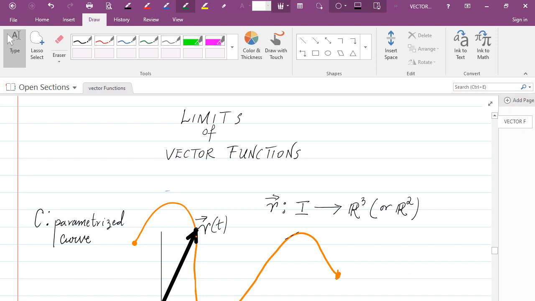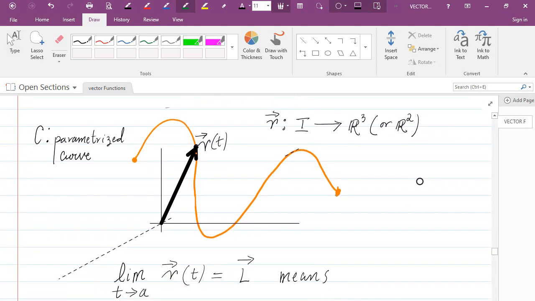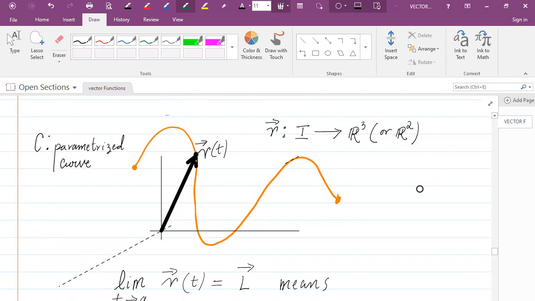Let's recall that a vector function is a function where the domain is a subset of the real numbers and the range is a set of points in R3 or R2.